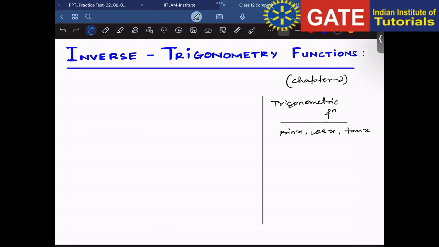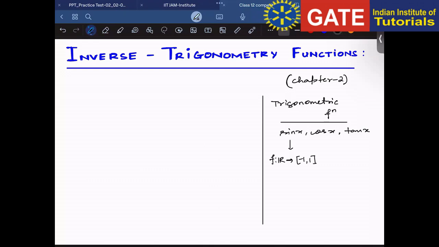Now, sin x: what was the domain and range? The range is -1 to 1. The domain is R. This was a function from real numbers to the closed interval [-1, 1]. Correct?